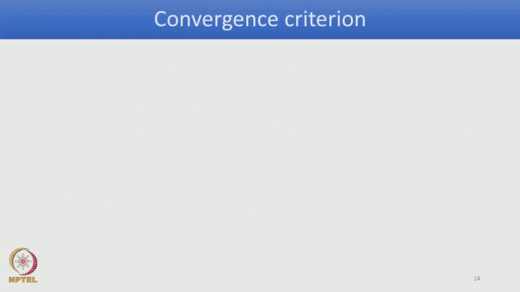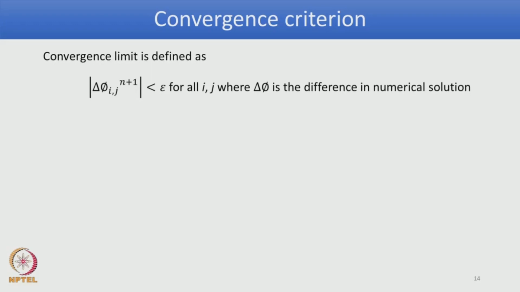There are many ways in which you can use this epsilon to decide on terminating a calculation. So, if you take an absolute value, that is what is given here as the modulus of delta phi, which is evaluated for the case of a 2 dimensional nodal location. That is why you get subscript i comma j, and for the current level, superscript n plus 1 is given.